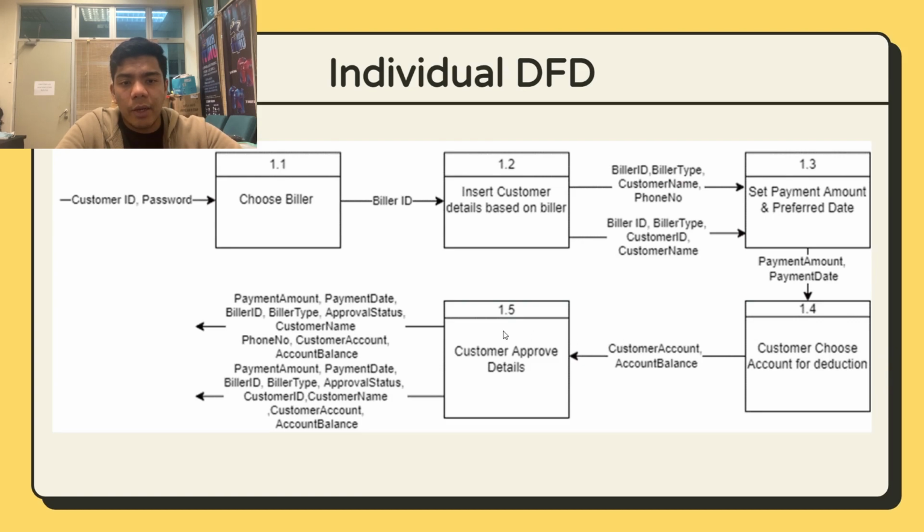After that, you can proceed to approve the details. If the customer doesn't approve, this will not be sent. But if it is approved, the biller ID, biller type, and all the other details will be sent to other modules.